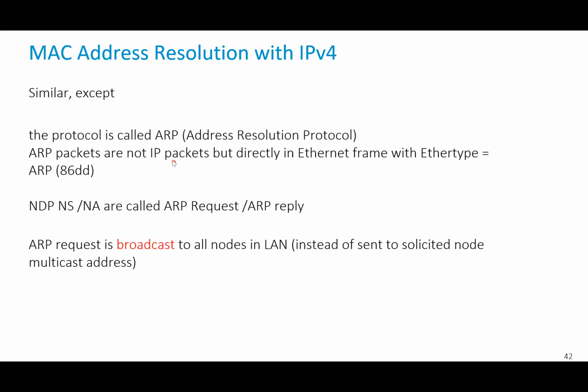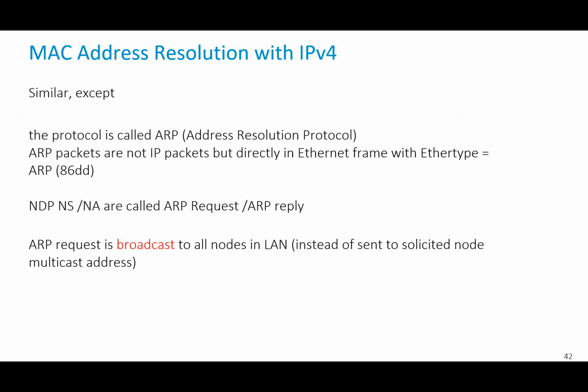Interestingly, ARP is not an IP protocol, which means when an IPv4 host asks another IPv4 host, what is your MAC address? It doesn't use IP, which today seems odd, so IPv6 uses IP for that. But remember, IPv4 was done in 1974. At that time, there were lots of other protocols.